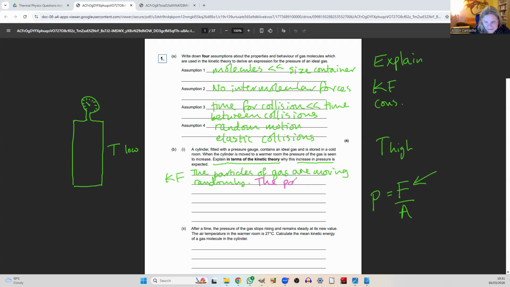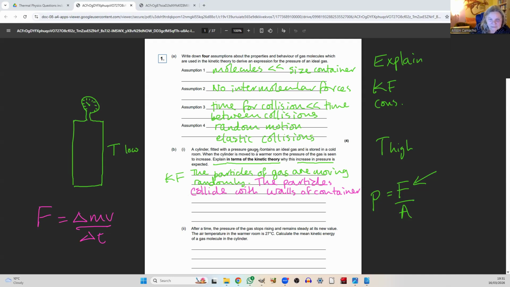The particles collide with the walls of the container, and they bounce off. When they bounce off, their momentum changes. And F is equal to rate of change of momentum. So can you see this is kinetic theory?